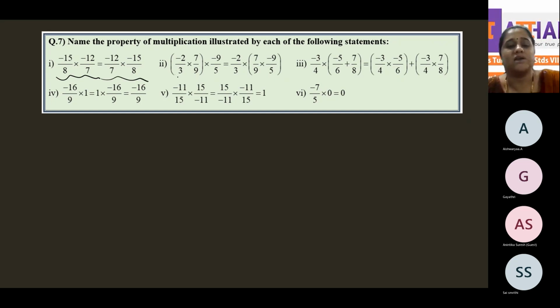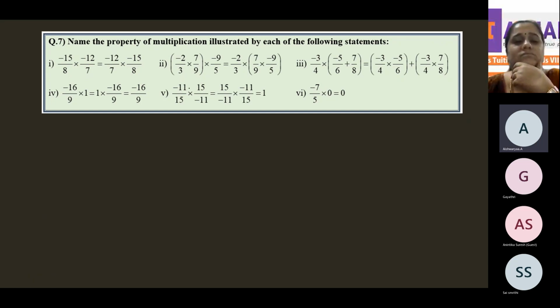Very good. Aishwarya, second one. Ma'am, it's associative property of rational numbers. Yes, associative property of multiplication of rational numbers. Associative because we can find three rational numbers here: minus 2 by 3, 7 by 9 and minus 9 by 5. Very good. Third one, Anintika.